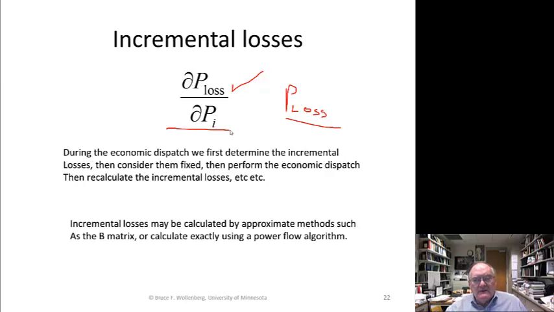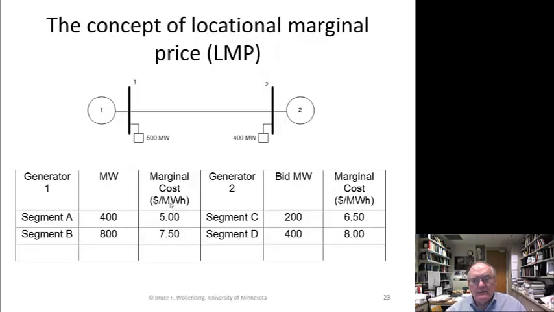If they're fixed, then I can just do a standard economic dispatch, and after I do the dispatch, I have new Pi values. I go back, solve the power flow, get new loss and new incremental losses, and I iterate back and forth. We will show this in great detail, and the effect that the losses have, at the end of the chapter on transmission systems.